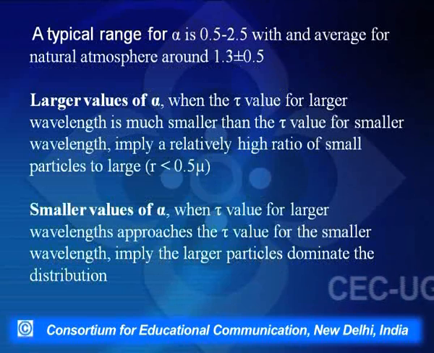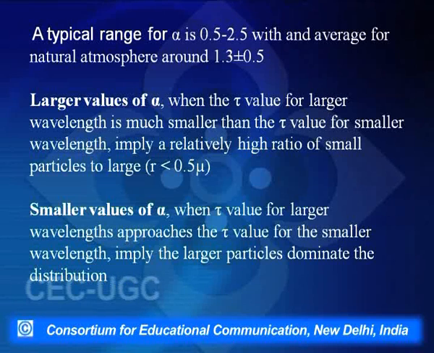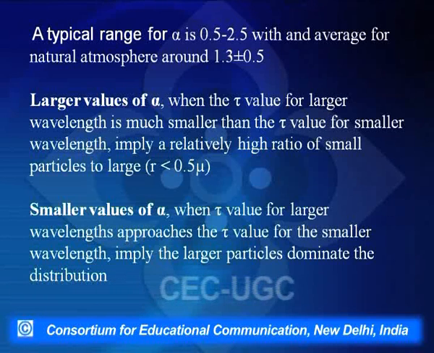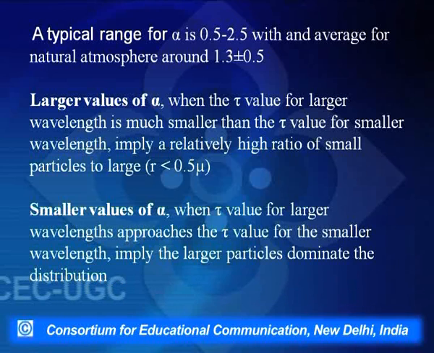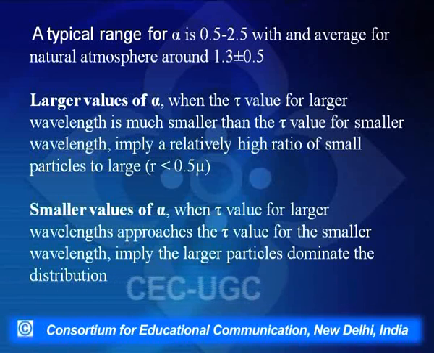In this particular study, alpha usually varies in a range of 0.5 to 2.5, and when the atmosphere is very natural, I mean it is pollution free, it can have a value of 1.3 plus minus 0.5.